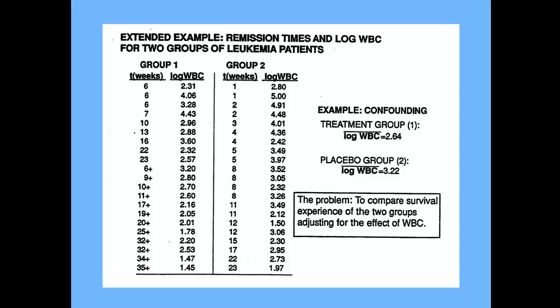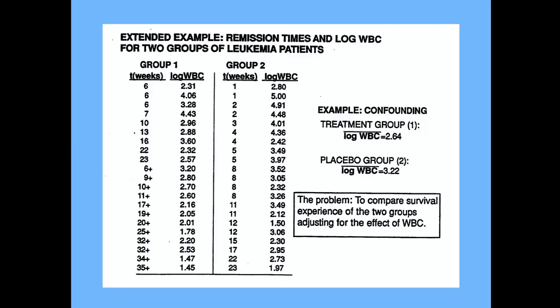So I've expanded the data set, I've extended the example. We still want to compare groups 1 and 2. But we want to control for the fact that there's a variable that's maybe a confounder, or maybe even an effect modifier, white blood cell count, or the log of white blood cell count.